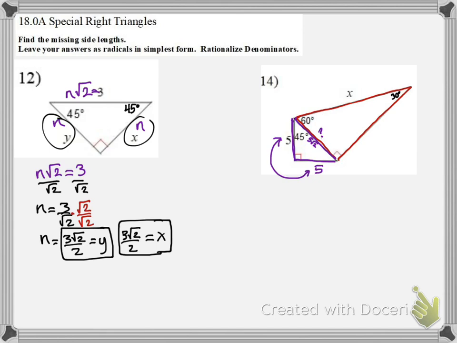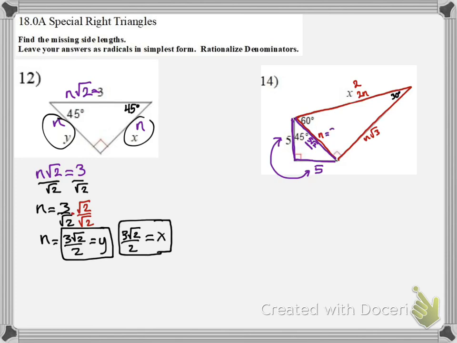Where I have a question mark because I needed to find that, that is my short side. I'll label it N. And my longer leg, N root 3. And my hypotenuse, 2n. I don't really care about the long leg this time because they only asked me for the x one. So I'm going to say that my x side is 2 times whatever that short leg is.